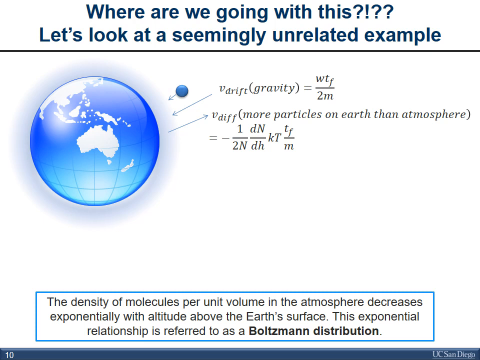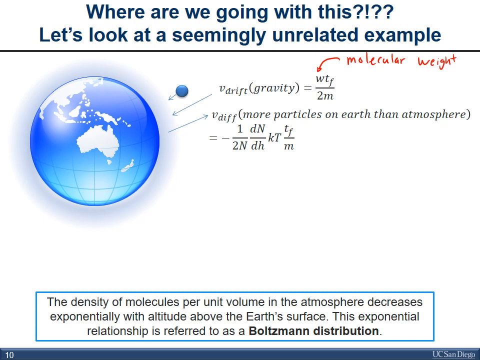One is, of course, drift due to gravity. Here we're going to call this W the molecular weight. So we have some drift velocity that's going to happen because of gravity.